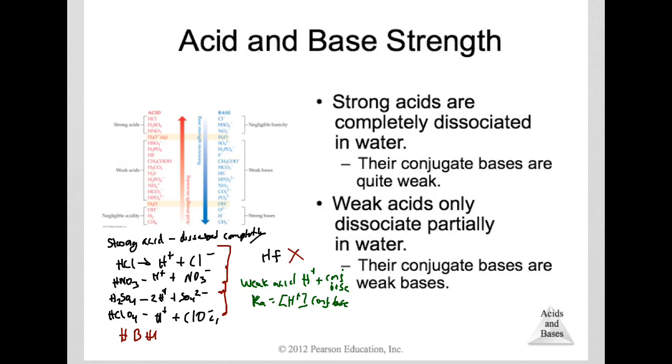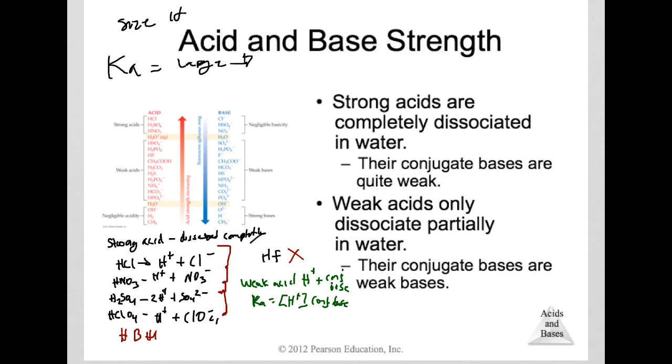So if the Ka is large, is the hydrogen ion high or low? Because it's not divided by anything, if this is large, this is large. Ka large, therefore the hydrogen ion concentration is large.